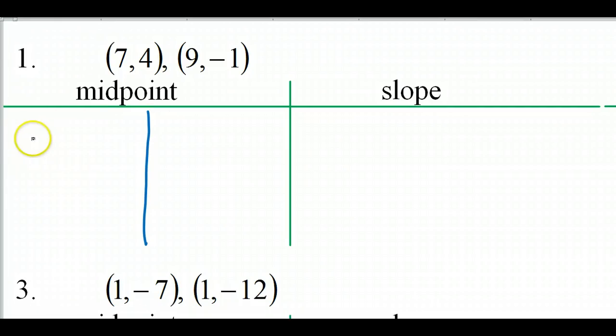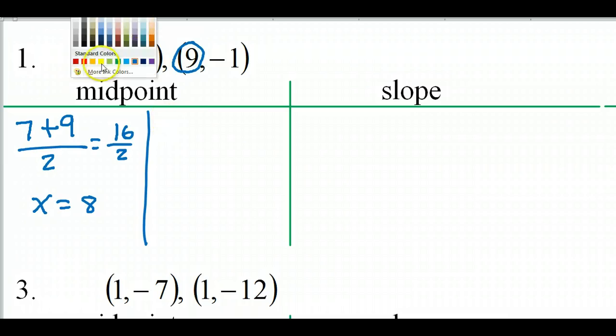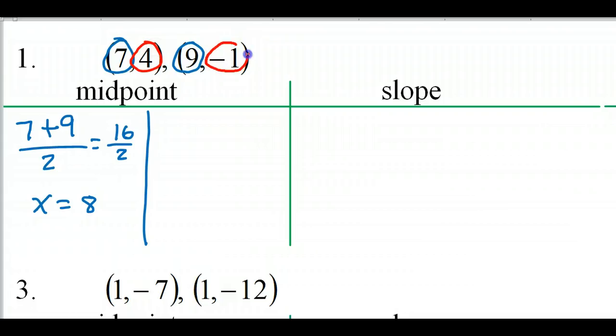To find the x value, we will do the average of the x's. So that's just going to be 7 plus 9 divided by 2. That's 16 divided by 2. Okay, so the x value is going to be 8. And then the y value is going to be the average of the y values.